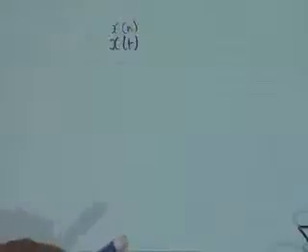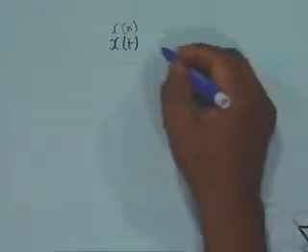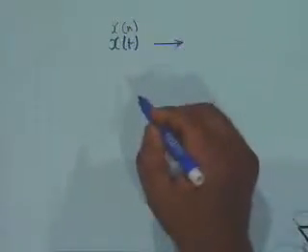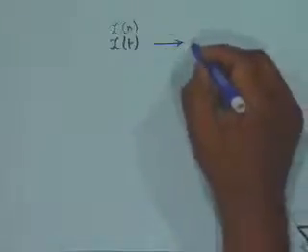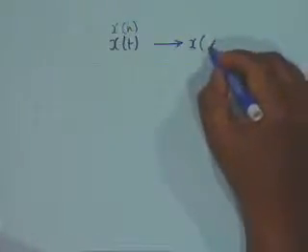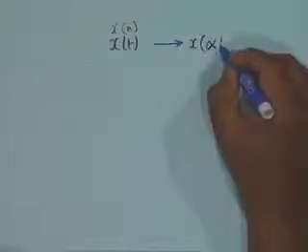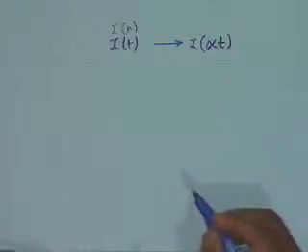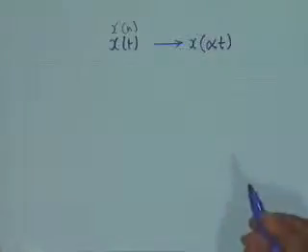Now, if I have a signal x of t and I want to scale the independent variable, that is, t I wish to change to alpha t, where alpha is a constant, then how does this signal change?